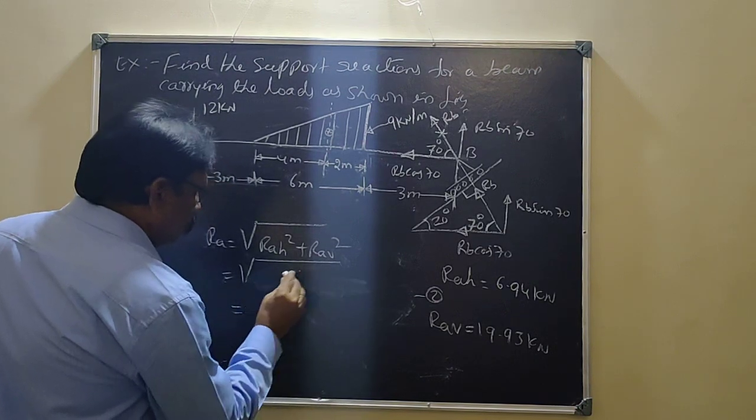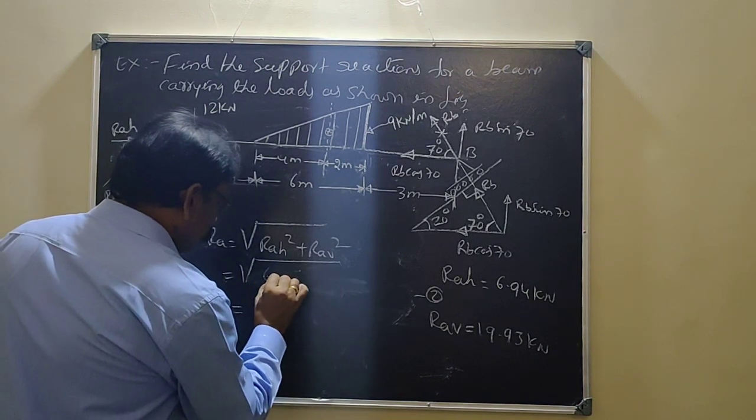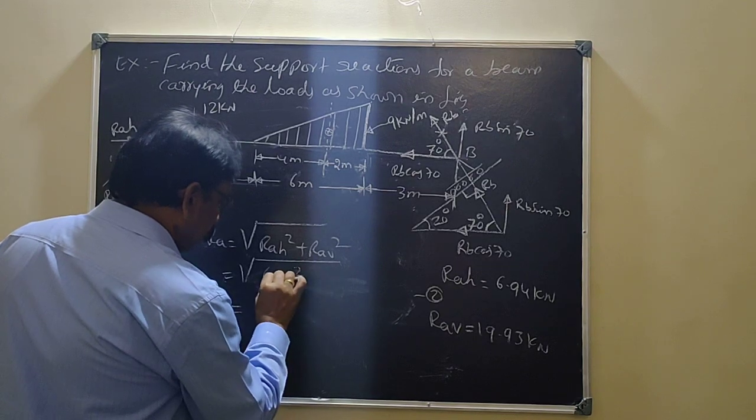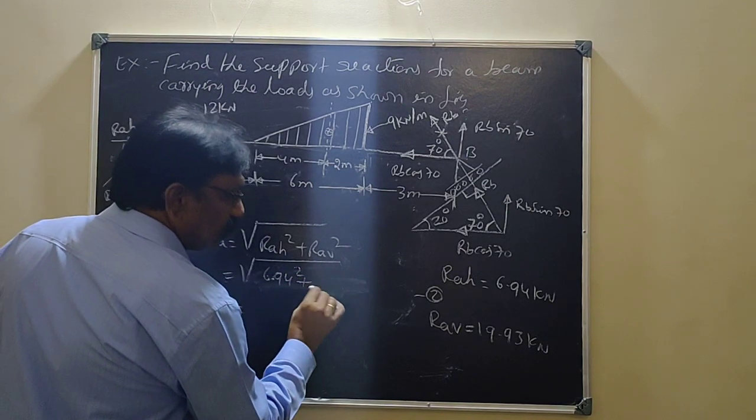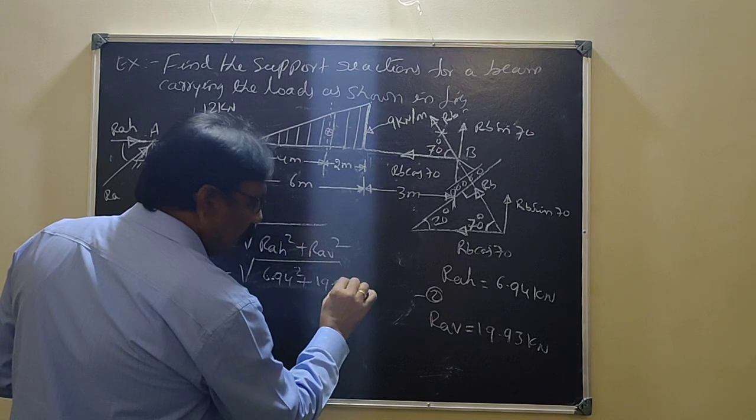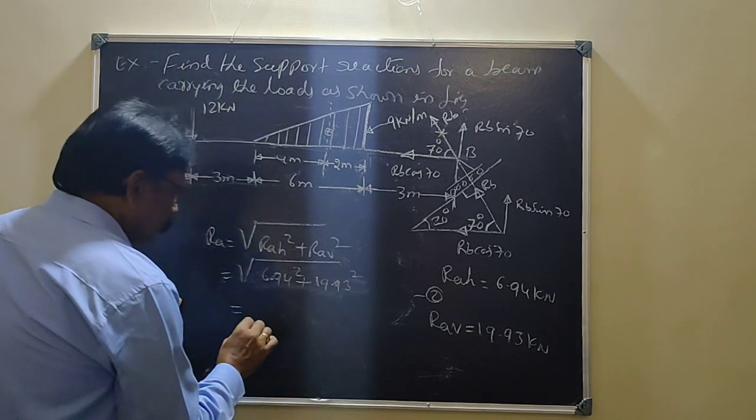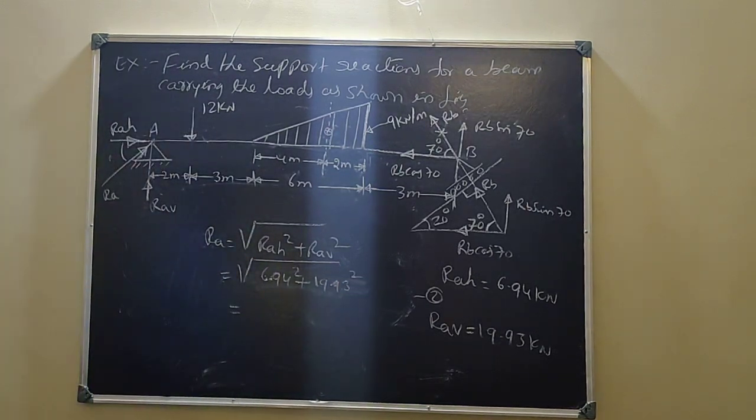So RAH is 6.94, square plus 19.93 square. On simplification, you will get 21.1 kilonewton.